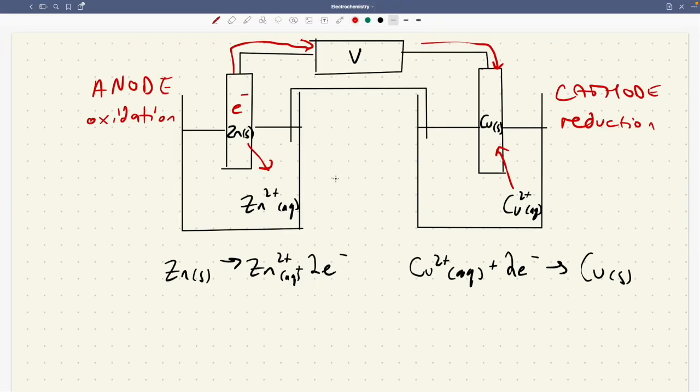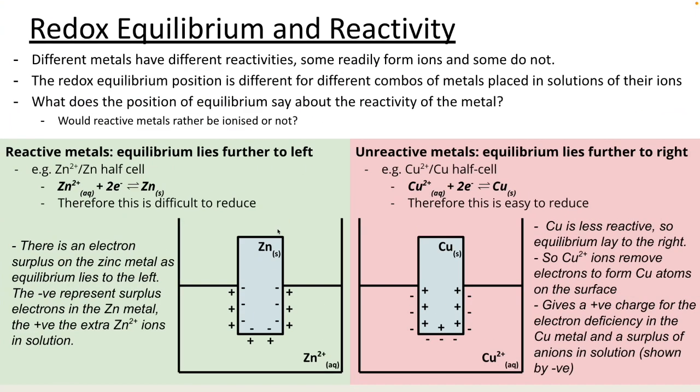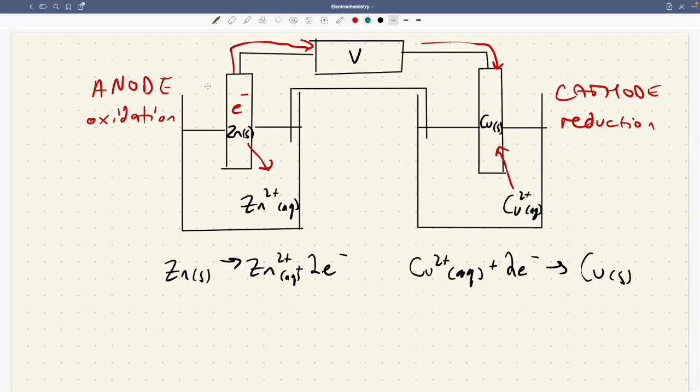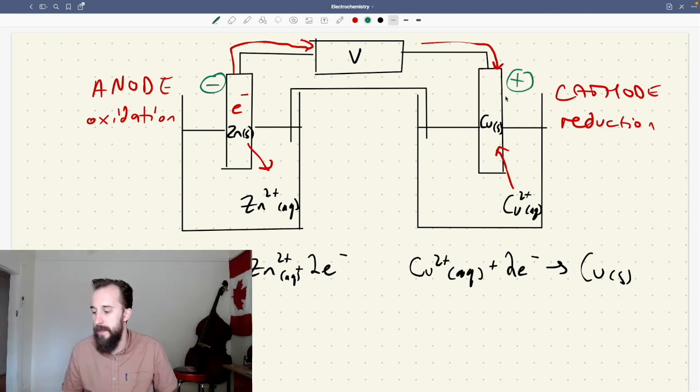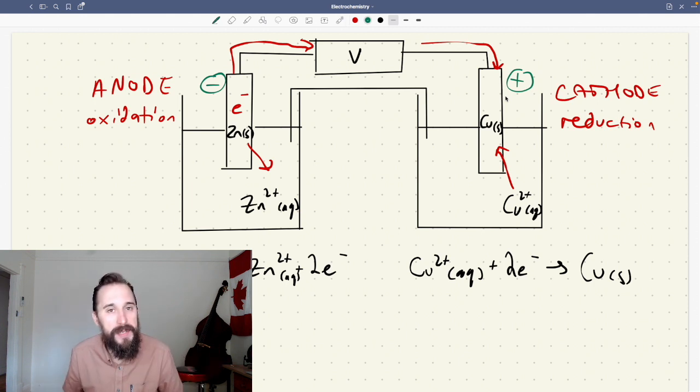So that means my anode over here, where this zinc reaction occurs, is going to be the negatively charged electrode. I'll pop that there: negatively charged electrode, and positively charged electrode over there for the cathode. You can think of this as essentially the opposite of the electrolytic cell.